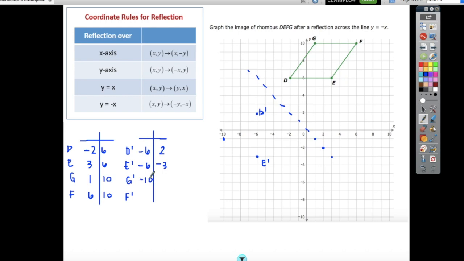So we have -10, -1, and then our last one, both positive, so they will both be negative, and then they switch spots, so -10, -6. Okay, G prime. We graphed that already right here. And then F prime, -10, -6. So there's our final point.